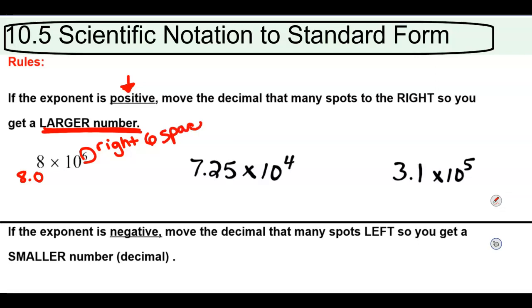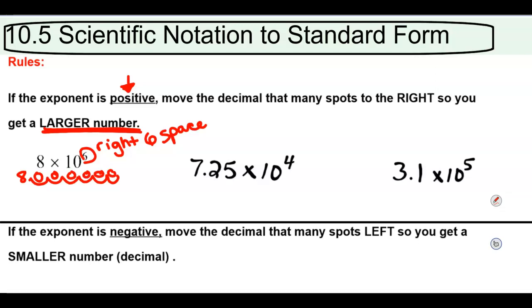Again, since my exponent is positive, I know I'm going to get a bigger number. So I know I have to go right to get a bigger number. So I'm going to go 1, 2, 3, 4, 5, 6. And then I have to fill these with zeros to make my number.